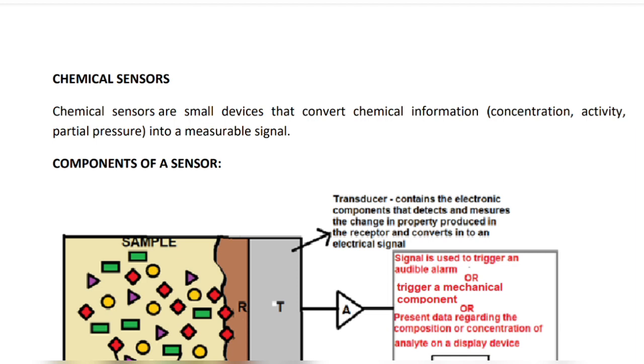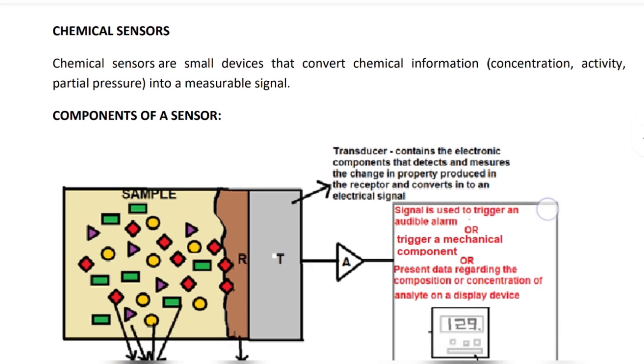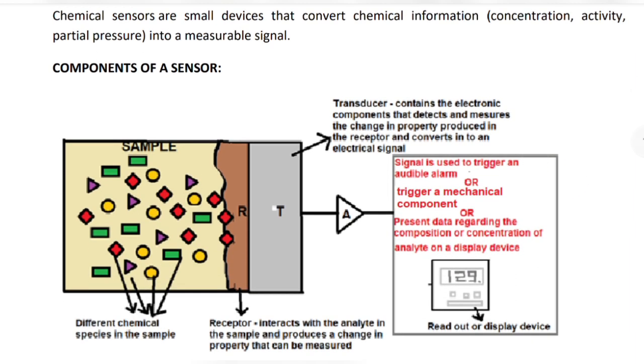The major components present in a chemical sensor are a receptor and a transducer. Suppose we consider a sample which consists of different chemical species. The part of the sensor which interacts with the sample is the receptor.